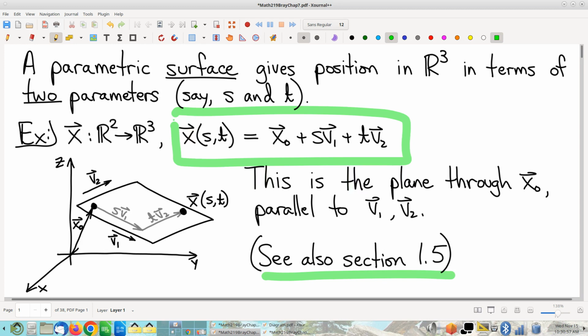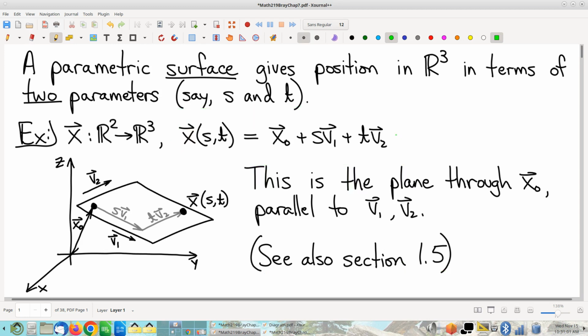All right, I hope this looks familiar. Just as a reminder, what's going on here is, if you look at the various terms, we have a starting point, a given arbitrary point in your plane, and then a vector v1 defining one of the directions that the plane is parallel to, and a vector v2 defining the other direction.